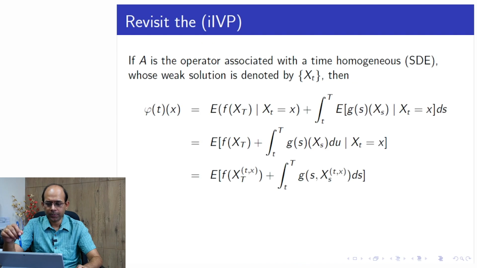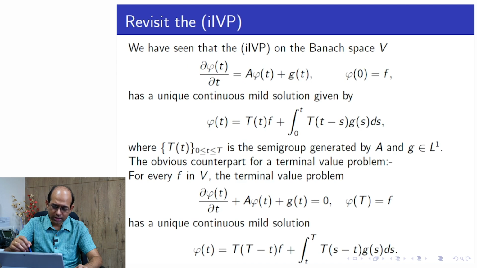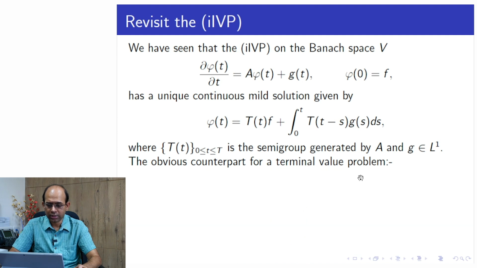So we write down φ(t) of small x as an expectation. Whatever is written here, I am writing on the next page. For φ(t) of small x, the semigroup T(T − t)f should be replaced by the conditional expectation. If I do that, I would get exactly this thing.